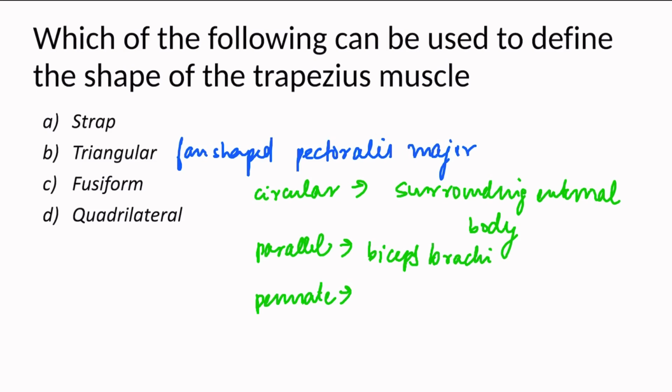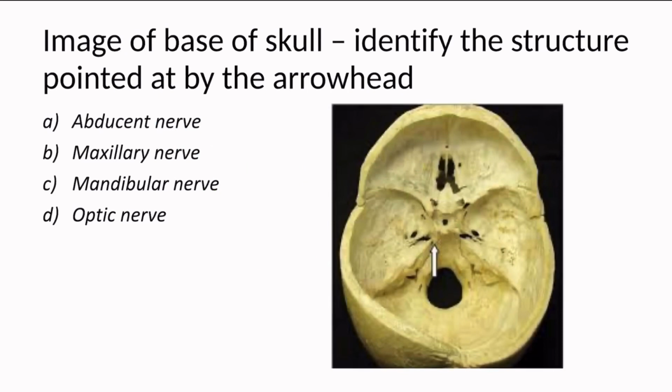Okay, now coming to the next question, the structure pointed at by the arrowhead, which nerve passes through this? So this is basically Dorello's canal, and the structure that passes through this is abducent nerve.